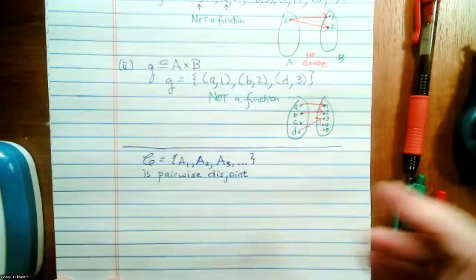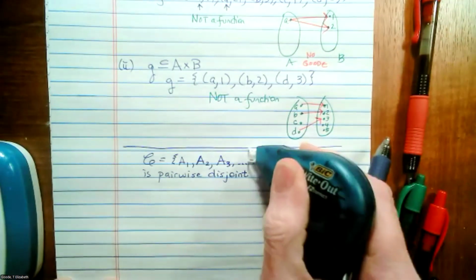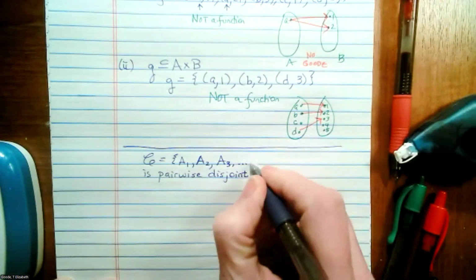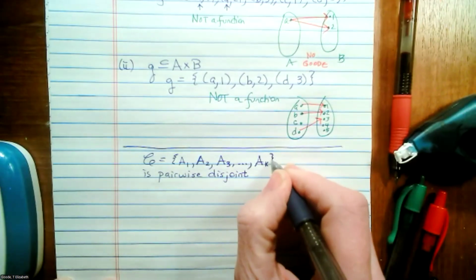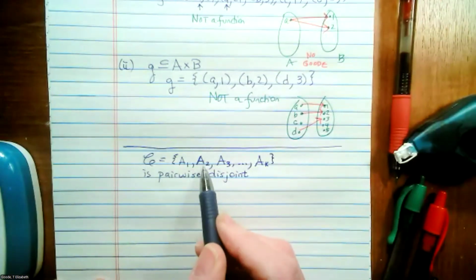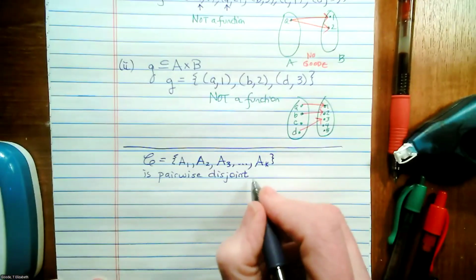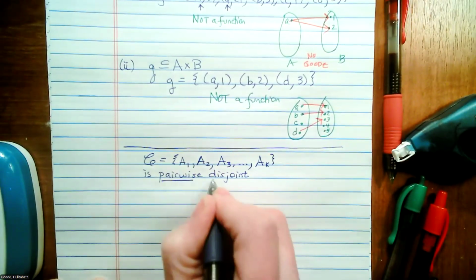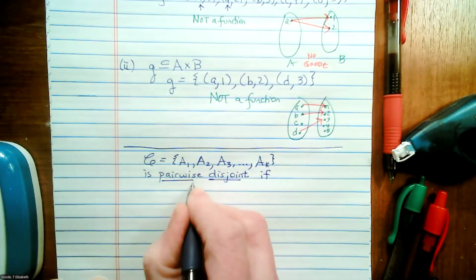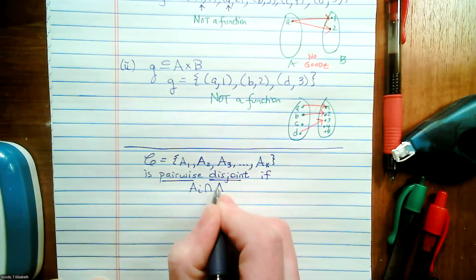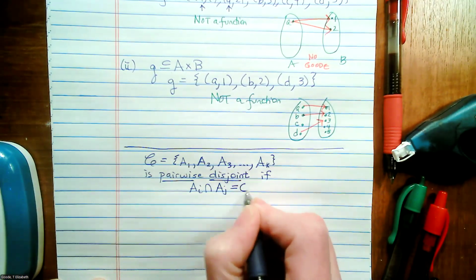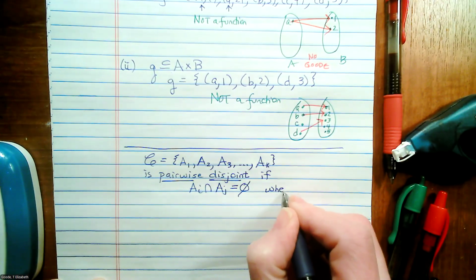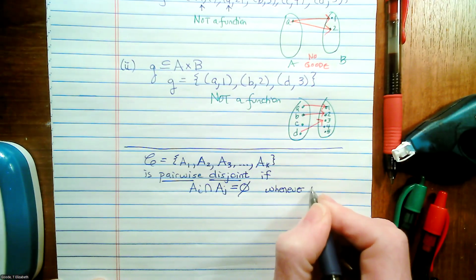So I'm talking about a finite collection there, so we're not using the axiom of choice. A1, A2, up to Ak is pairwise disjoint if Ai intersect Aj is equal to the empty set whenever i is not equal to j.